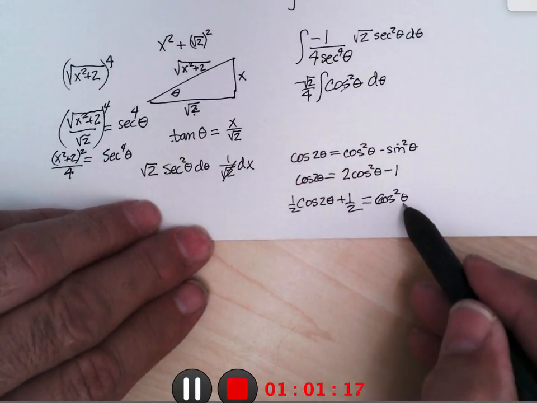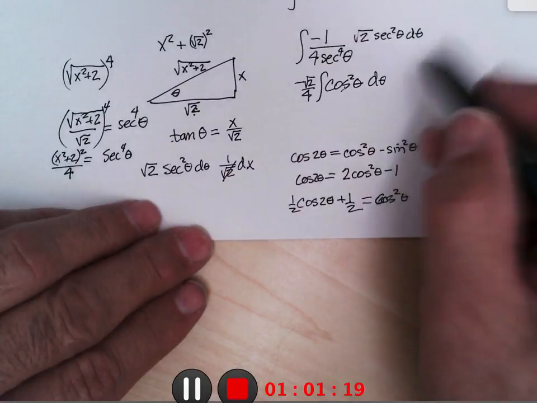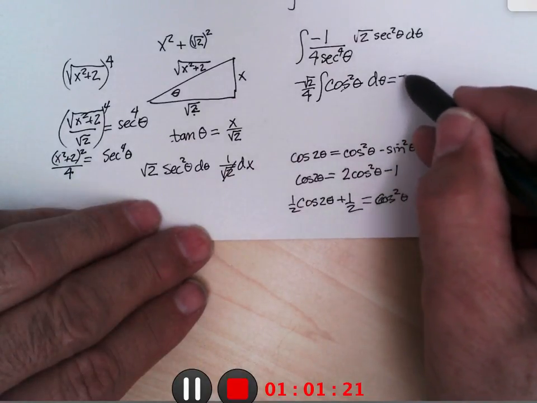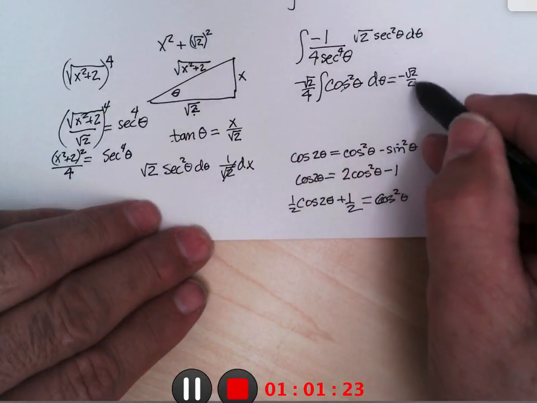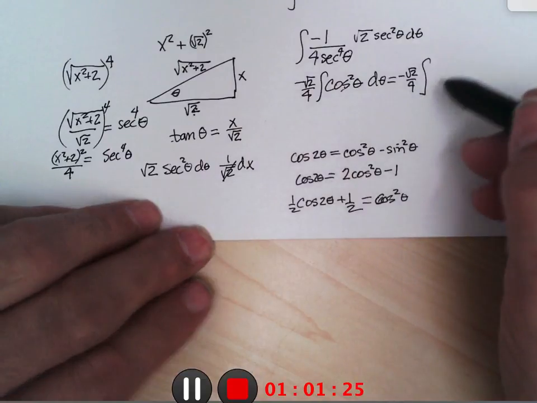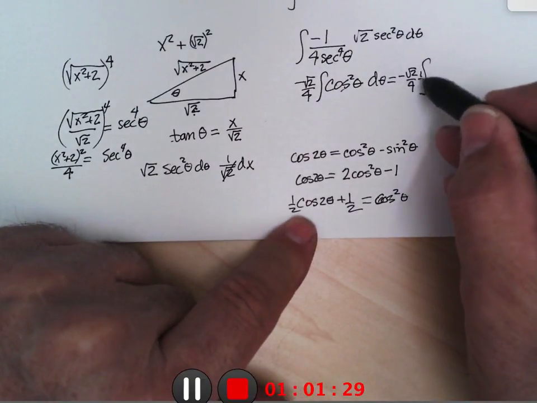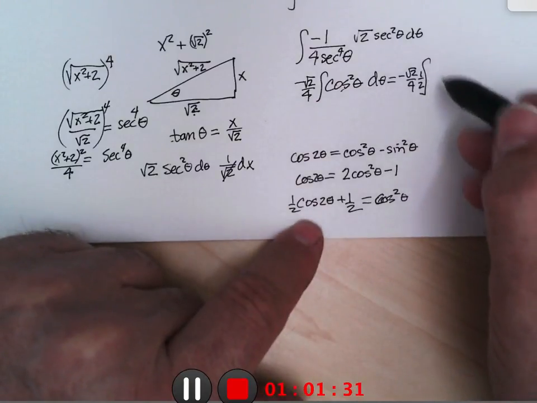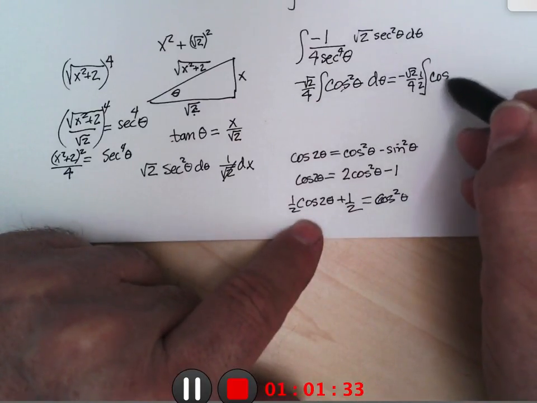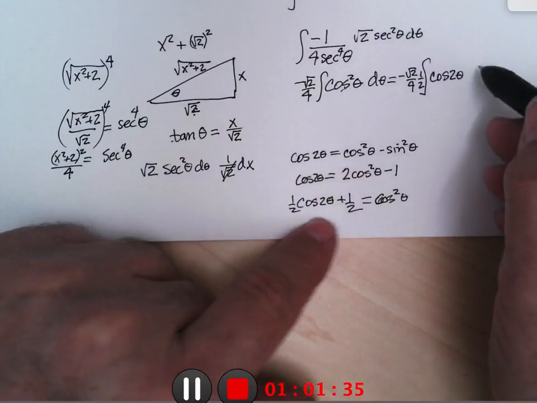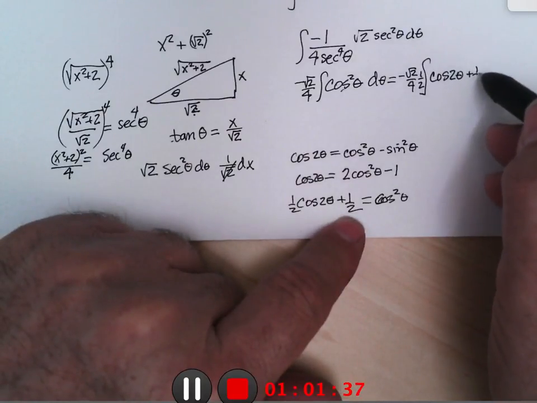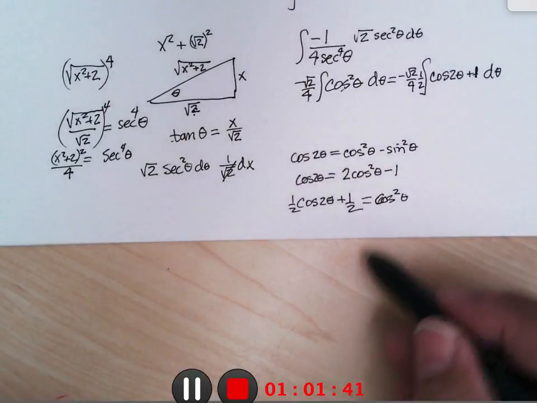So this integral becomes minus the square root of 2 over 4, antiderivative of 1/2. It's 1/2 on both of them, so I'll just take that out, of cosine of 2 theta plus 1. This can be split up.